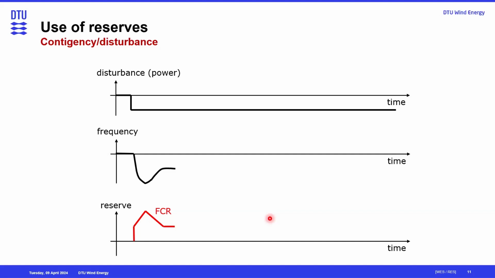So the next reserve which comes into play is called frequency restoration reserve. Frequency restoration reserve has two responsibilities. The first is to bring the frequency back to 50 hertz, and the second is to replenish the already activated frequency containment reserve.